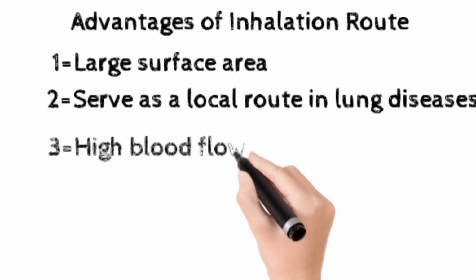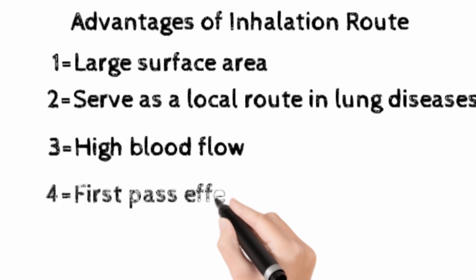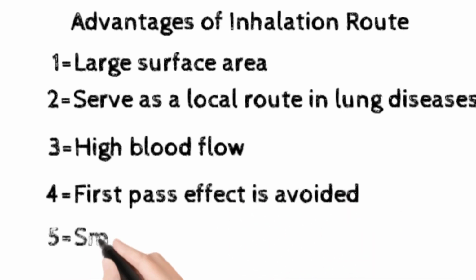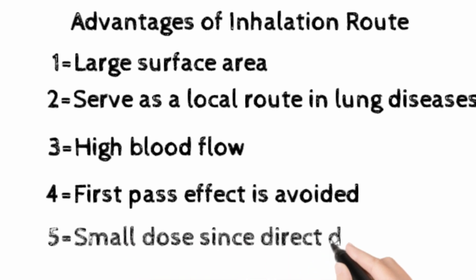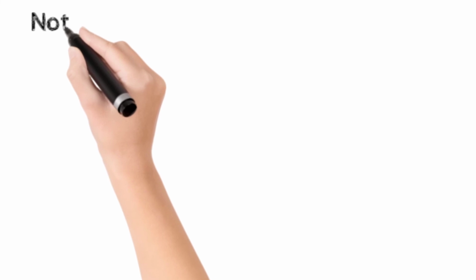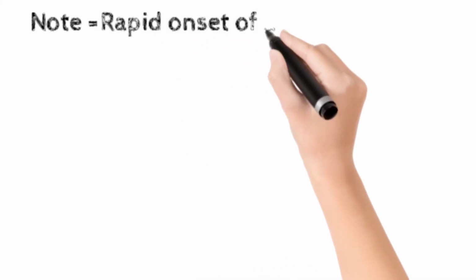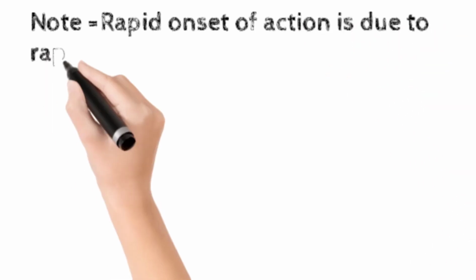And the fourth is that the first pass effect is avoided. And the fifth is that a small dose is sufficient, since it is delivered directly, meaning less toxicity, and due to rapid absorption.